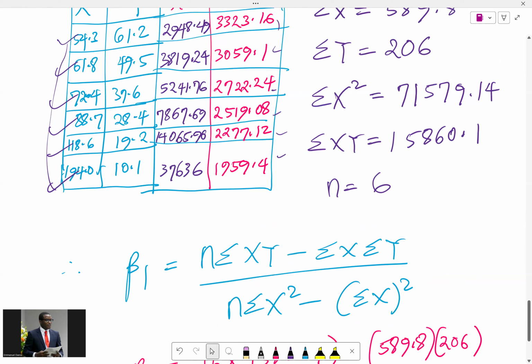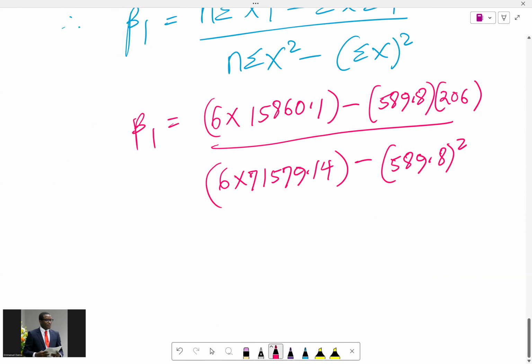Okay? That's another level. So you now go again. We have beta 1 is, so we try to do these things neatly again. So we have 6 times 15860.1. 15860.1 multiplied by 6 is 95160.6 minus, so 589.8 times 206.